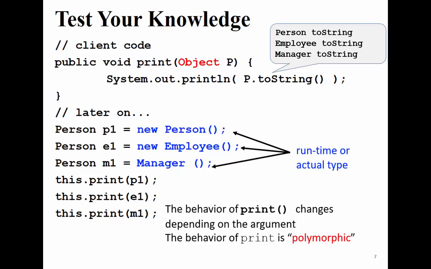Employee, which is the runtime type. So when we work with polymorphism and inheritance, we always have to recognize two things: the declaration type and the actual type. The actual type is what we are using, a new person, a new employee, a new manager. So for m1, what is the declaration type? Person. What is the actual or runtime type? Manager.